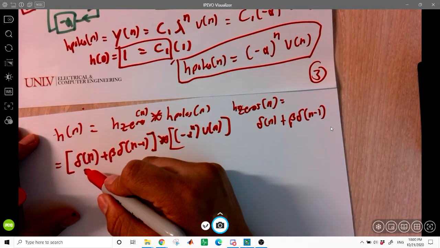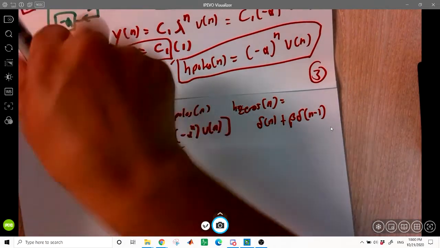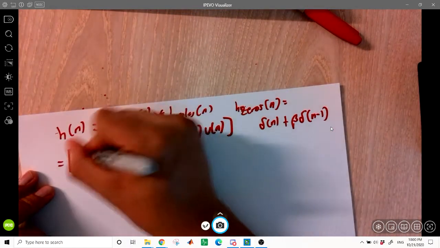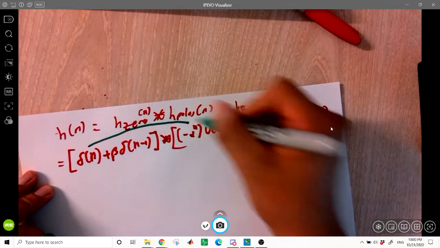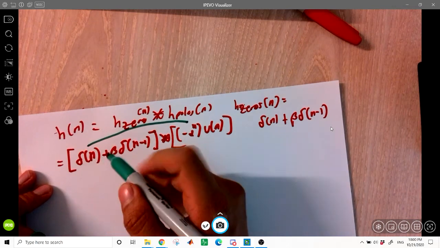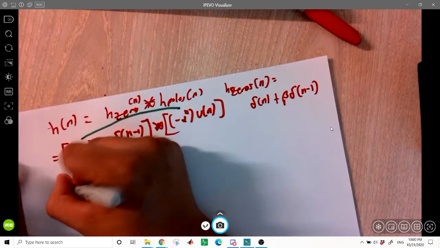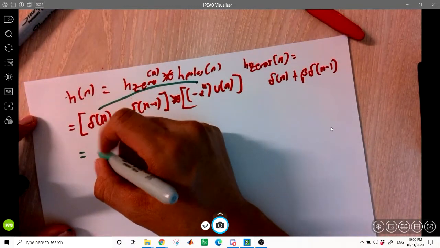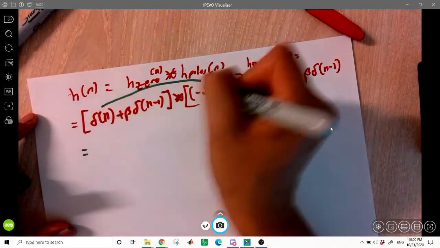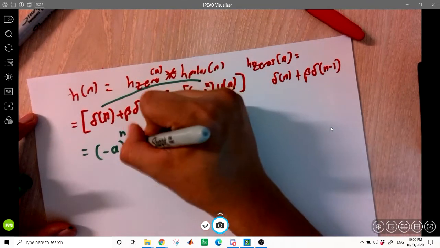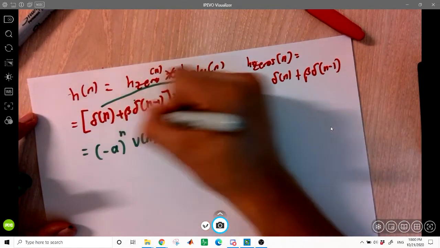What happens when we convolve this delta function with anything? We get the anything back at time n. Well, n is equal to 0, so we just get minus alpha to the n, u of n.